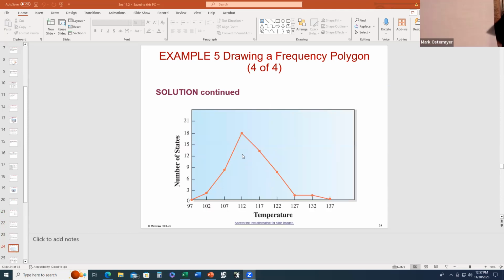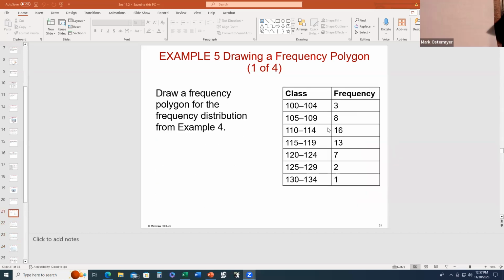After you add on that extra column to your frequency distribution table, that midpoint of each class column, you can see on the horizontal axis, which represents record high temperatures, and the vertical axis, the number of states again. So let's see here. What was 102? 102 was the midpoint of the first class, correct?